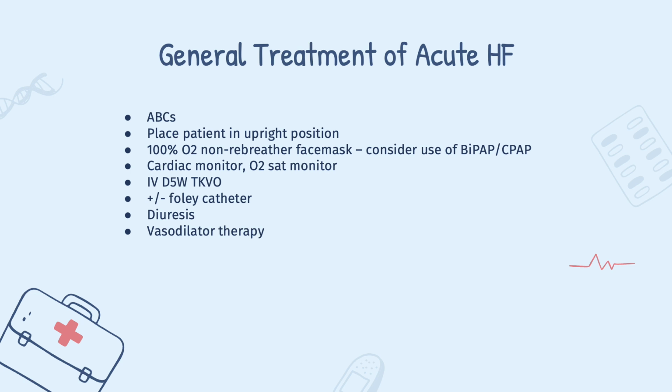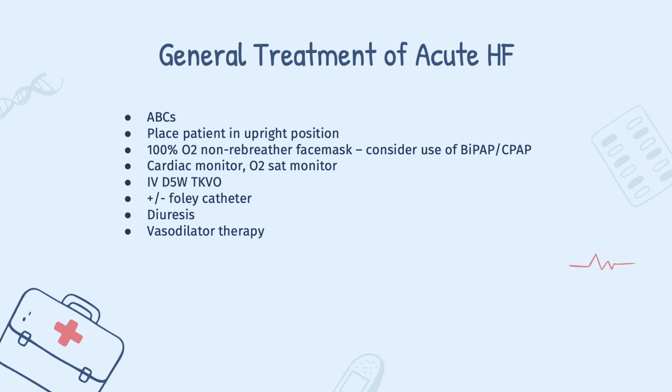Throwing a good hefty dose of Lasix at them, cardiac monitor, monitoring their sats, giving slight IV fluids. You have to be really careful with patients here, putting in a Foley catheter because, again, you're diuresing these patients. And then you may need vasodilator therapy, so pressors as well. And some patients may need inotropic therapy as well.